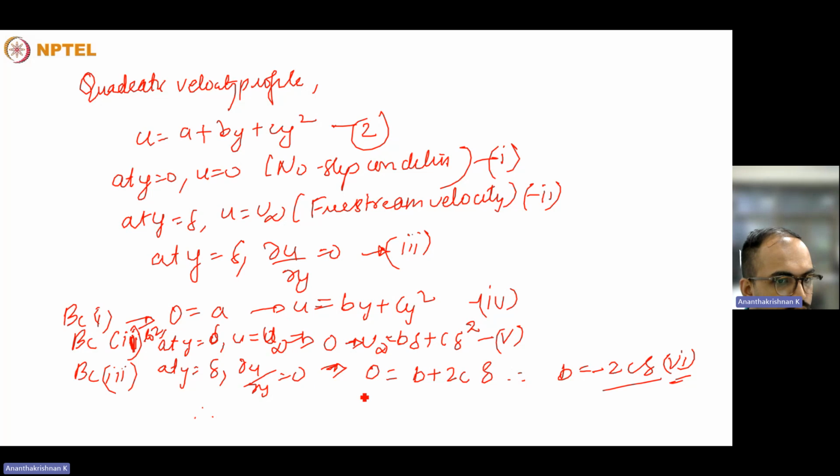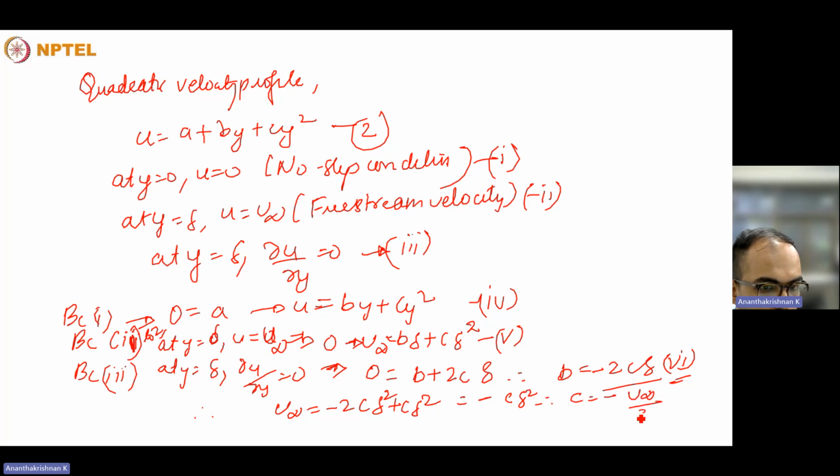Substituting B in terms of minus 2C delta, we get minus 2C delta square plus C delta square, that is equal to minus C delta square. Therefore, we can write C is equal to minus u infinity divided by delta square.